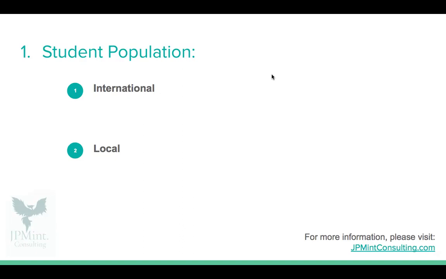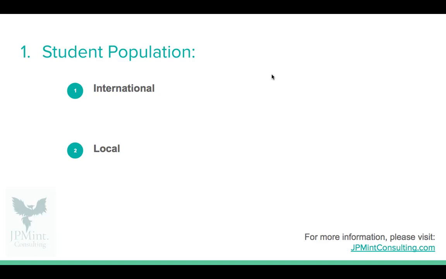And then we're now starting to see a very large population of local students coming into the international school system to have a better education, to have sort of a leg up on other local students when competing for university placements. So it's interesting, and it's something to consider when you're choosing your school, to ask what percentage of the students are international and what percentage are local.